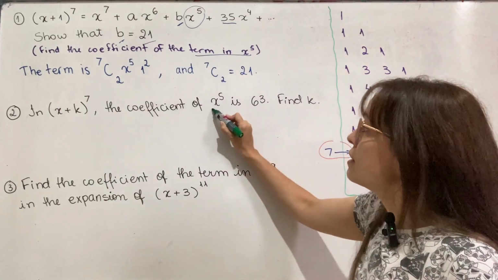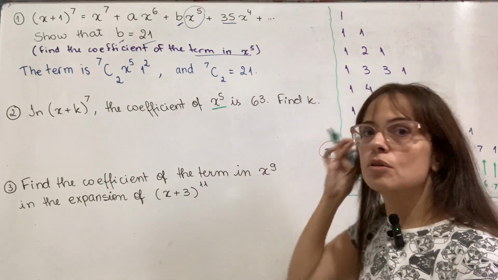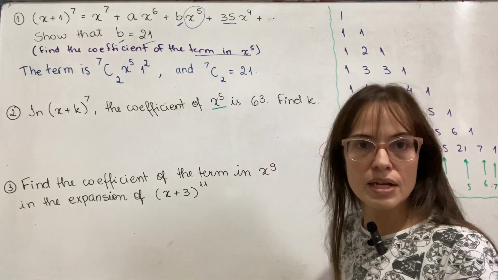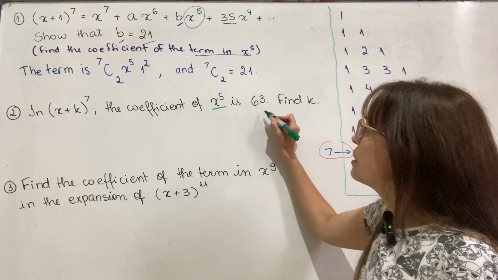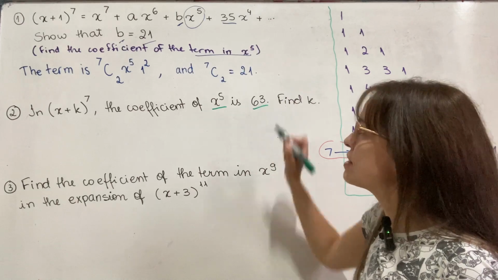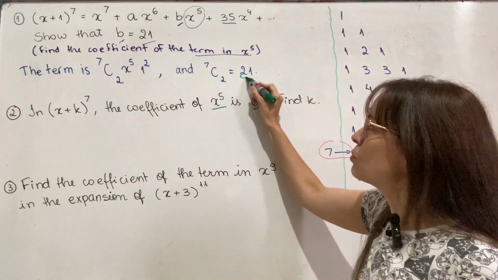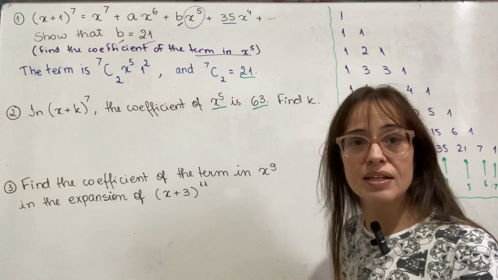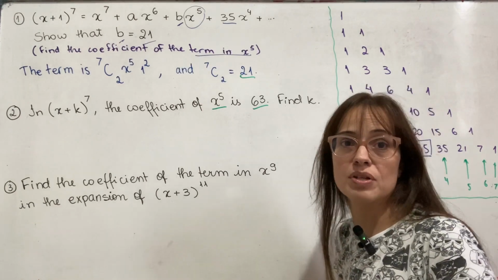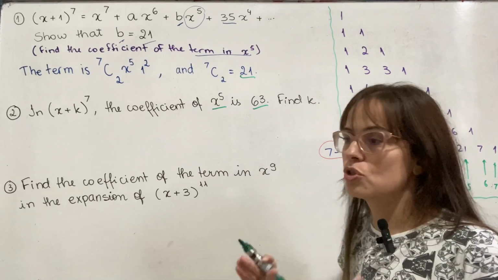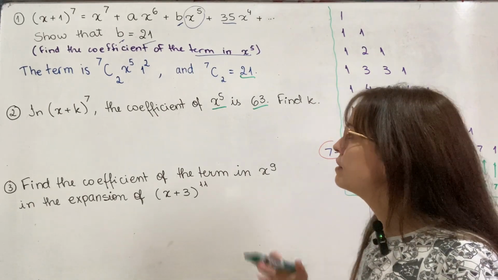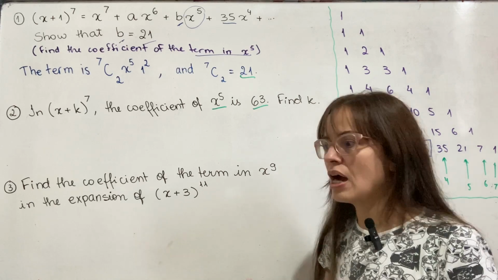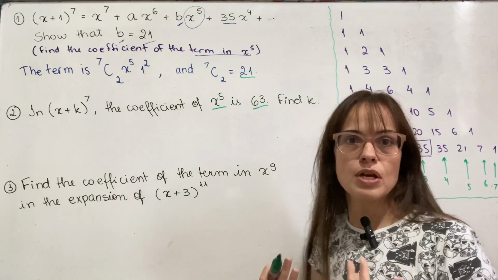He is again interested in the term in x^5, which is the same one as in the previous exercise, but he is telling me that it's 63, and well, it was 21 before. 63 is not 21, but luckily at least 63 is 21 times 3, so there's something there, and he's asking me to find k.